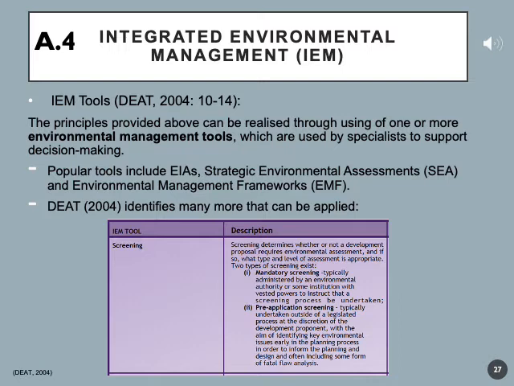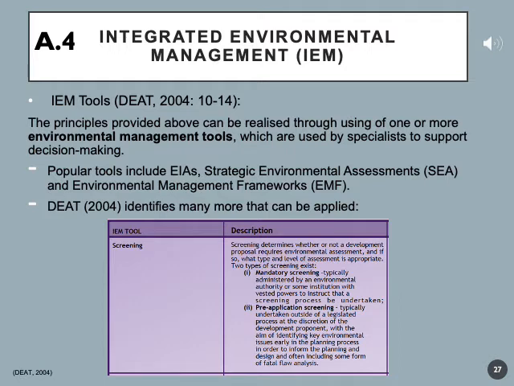Again, I'm not going to look at them all in detail. I expect you to read through them and understand when and why each one can be used. Firstly, screening. It determines whether or not a development proposal requires environmental assessment in the first place.